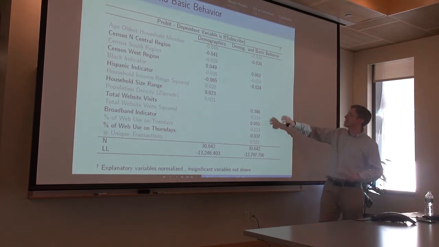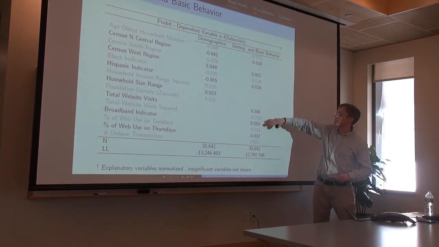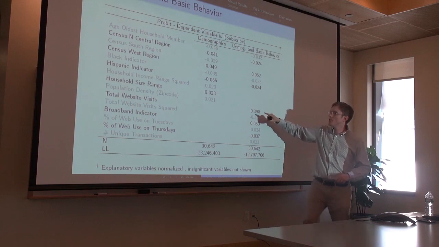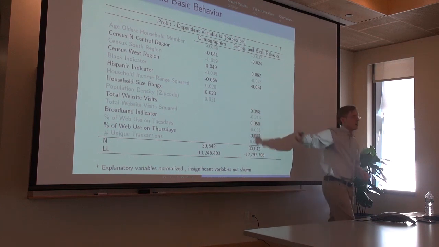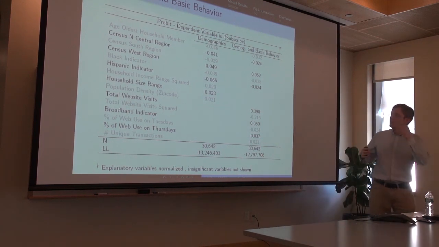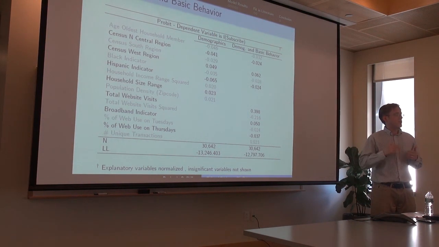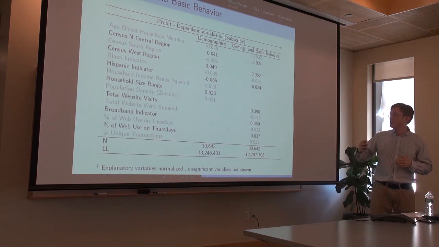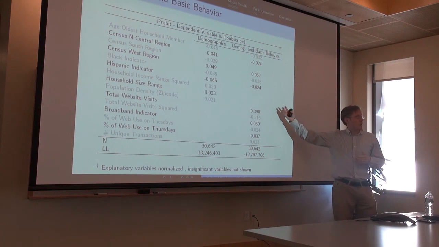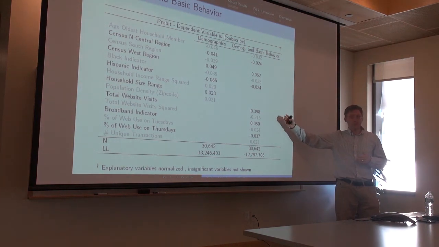And the second thing is once you add these basic web behavior variables, some of the demographics drop out. So the idea here, at least the way I view this, is that the demographics are a rough approximation of some information, which is better captured in the basic web behavior variables.